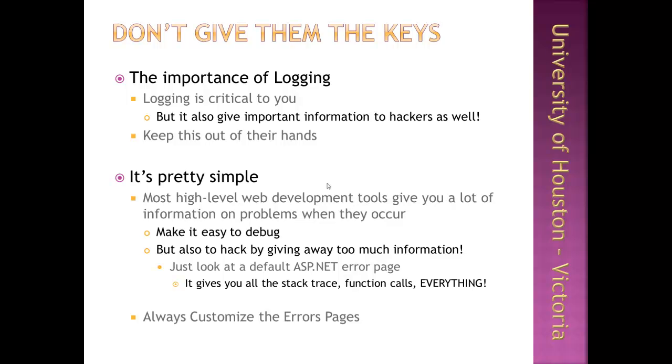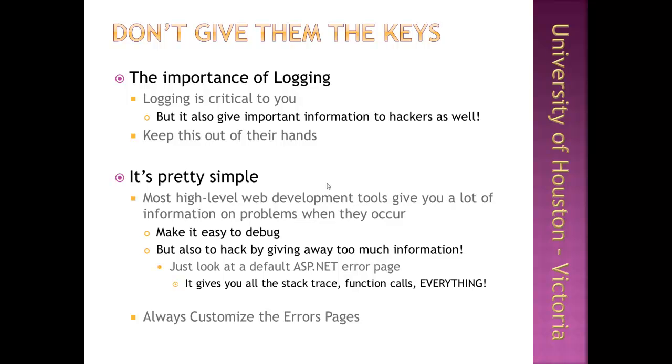Most high-level web development languages try to give you as much information as possible when they encounter an error. For example, if you look at a simple ASP.NET default error page, you would see that it gives you everything. It gives you the stack trace, a trace of all the function calls and all the variables and parameters that were involved with that error. This is potentially a big problem for you if malicious users get access to these kinds of errors.